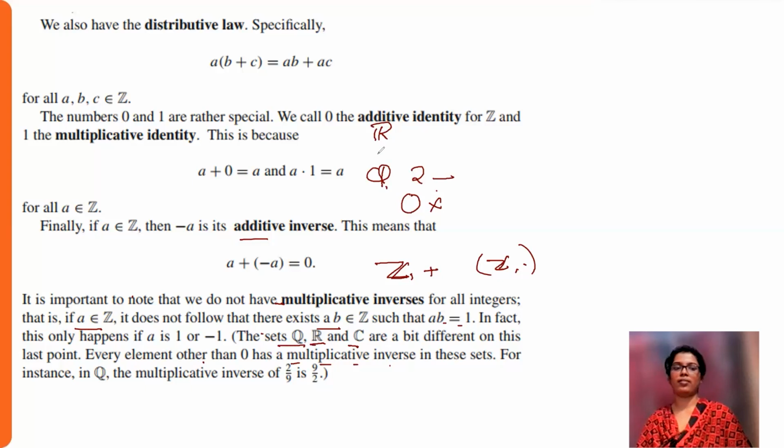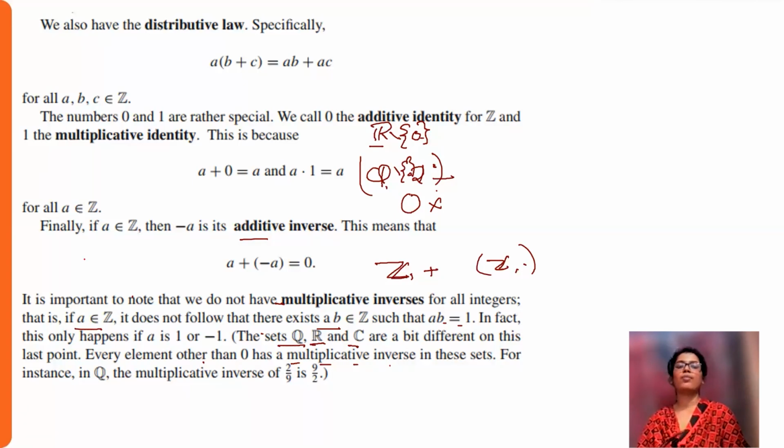So if we want a group with respect to multiplication, we simply remove the element 0 from R and from Q, and this set, with multiplication, will form a group. Similarly for C we can do the same thing.